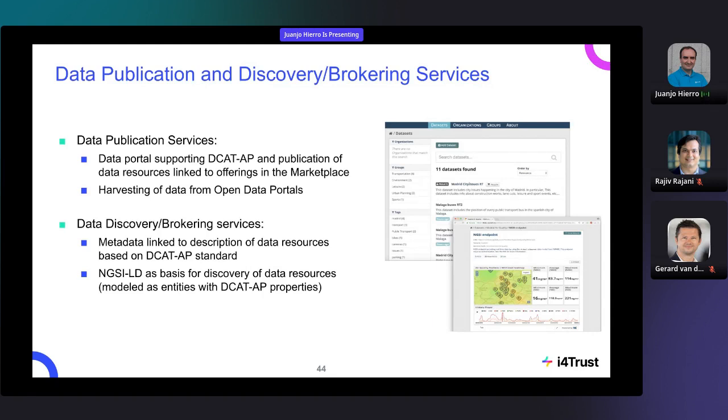That is in the roadmap, not still available, but here we intend to follow the alignment of and support to standards like DCAT and DCAT AP, and enabling resources that are linked to the data services offered in the marketplace to be available through different data publication platforms, and make those data resources available through brokering services that will be based on the use of the NGSI-LD API as well to discover those data resources.